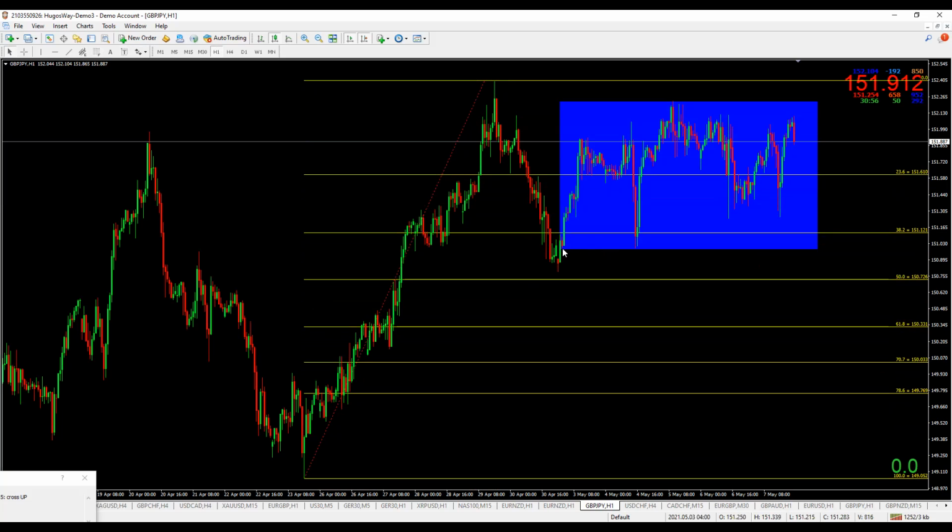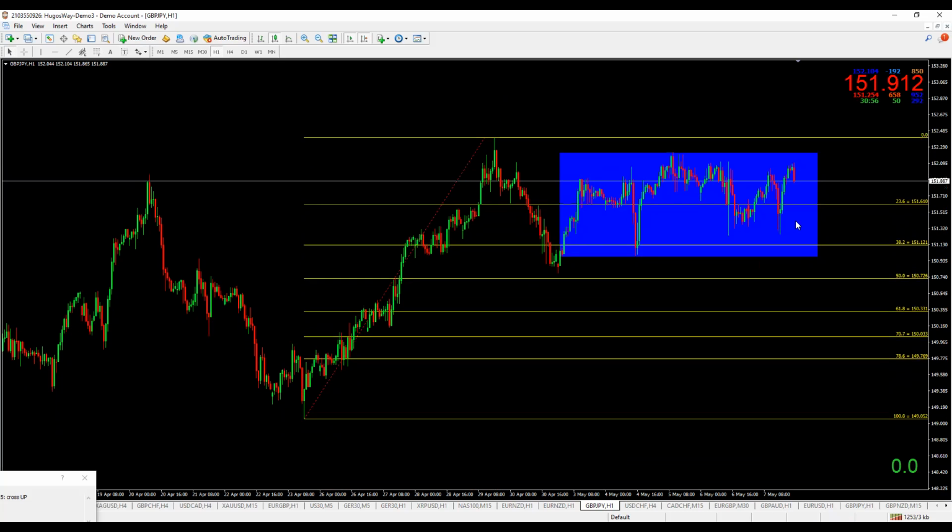usually because we believe the price is going to continue in the same direction. So if the starting point is at one level and you are drawing it up, you are assuming that the price is going to be continuing up, whereby this is just a retracement for it to continue up.